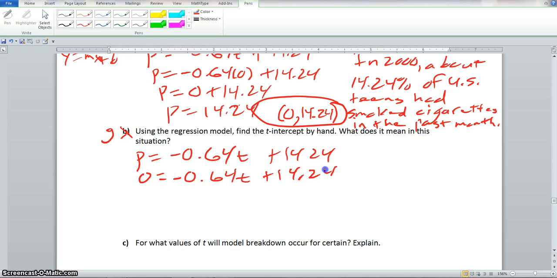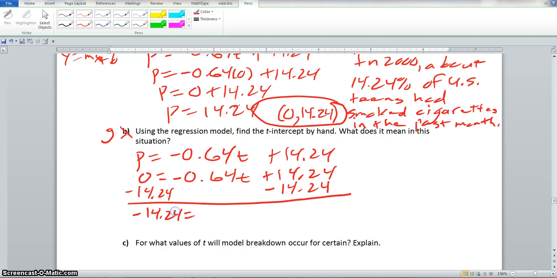For some reason, the decimal isn't staying. So we'll subtract 14.24 on both sides. And that would give us negative 14.24 is equal to negative 0.64 T. We divide each side by negative 0.64.